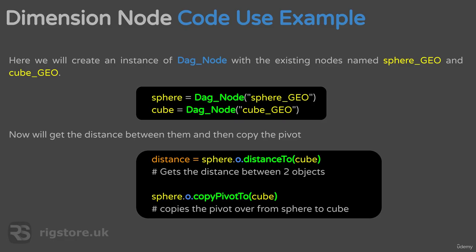This will provide us with the distance in world space between these items. And then we can copy pivots, for example, just going sphere.o.copy pivot to, which again we can reverse and just do copy pivot from. But again, all of these little dot notations give us a huge amount of extendability and flexibility within each subnode within our own Pythonic DAG structure.